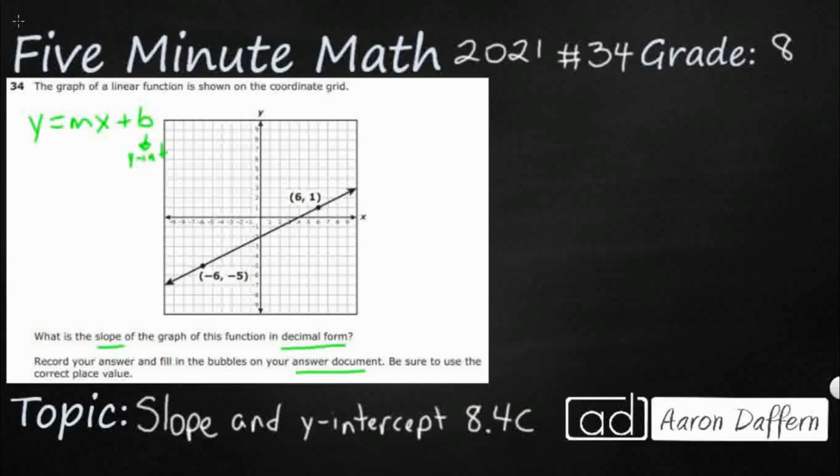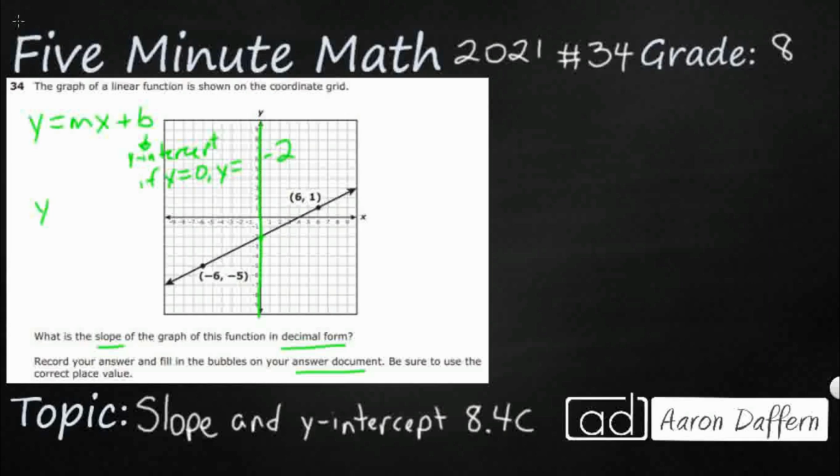So if x equals 0, you can visually see it on the y-axis, and it's right there, -2. So my y-intercept is going to be -2.